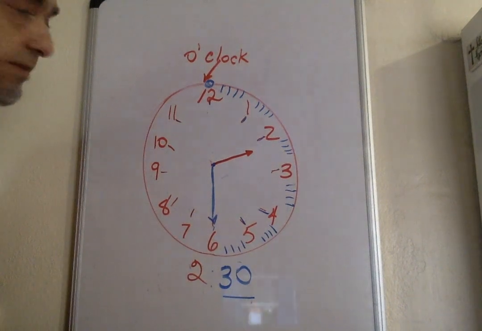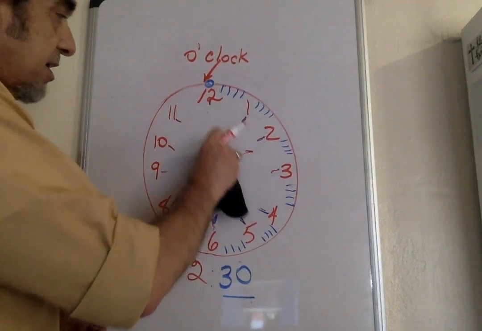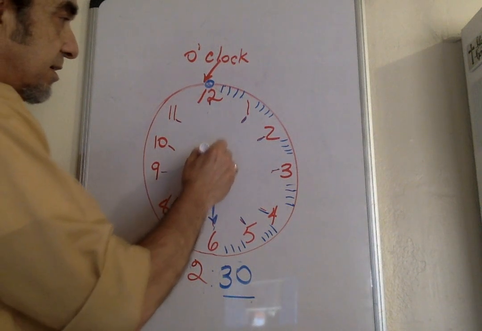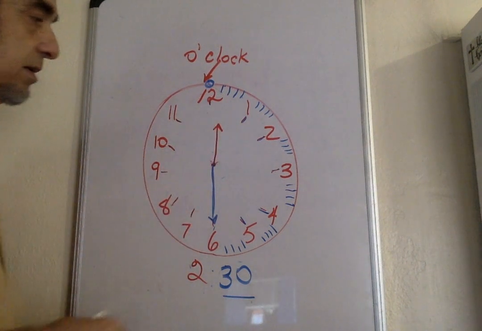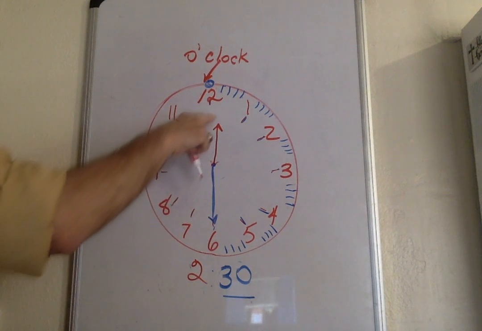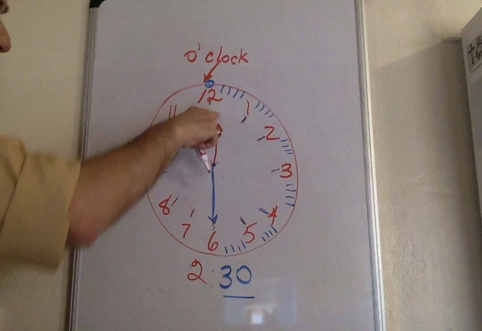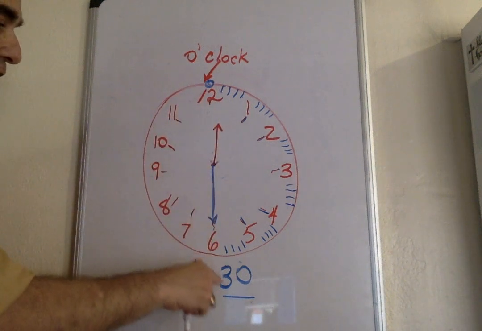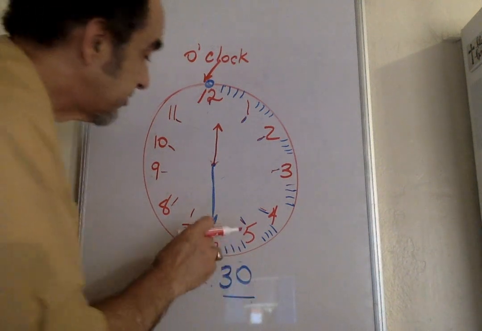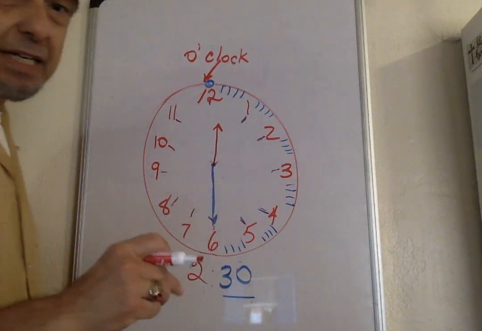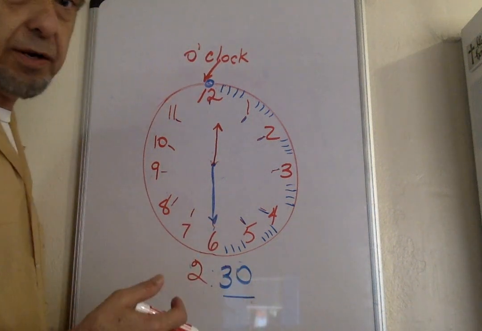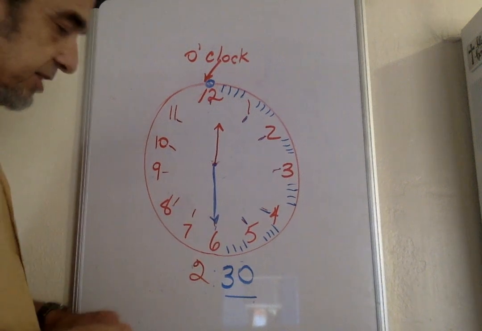Easy. Okay. What if I did this? What time is it now? It is now 12:30. So again, boys and girls, no matter what, if the big hand is on the 6, it's going to be something 30. No doubt about it. Okay? Just wanted to teach you that.